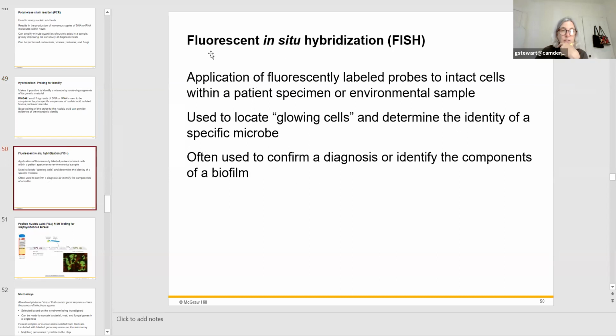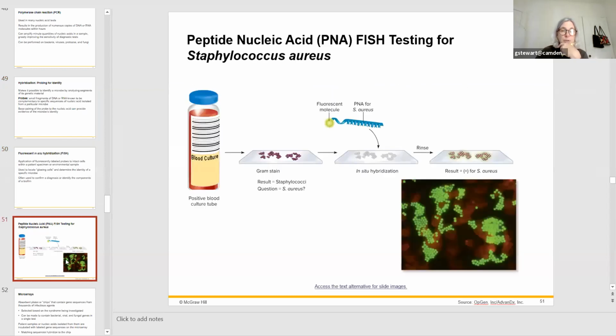The FISH test, we call it fluorescent in situ hybridization. This is nice because you can actually confirm the diagnosis right on a piece of glass or sometimes a biofilm. For example, here's a positive blood culture tube. You would have the bacteria already gram stained, and you want to know if they're Staph aureus or not, like if they're MRSA.